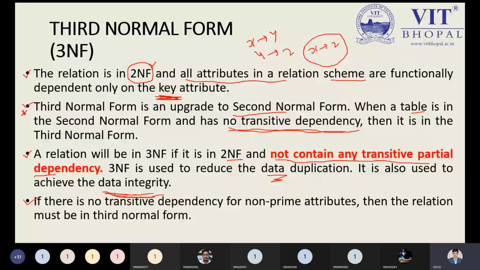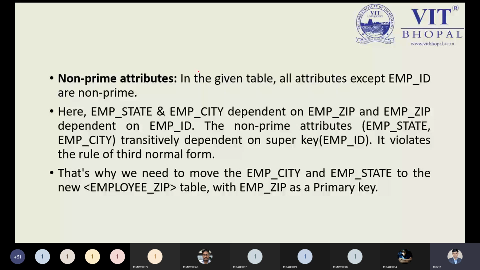So what is the sense of a non-prime attribute? Through our example, in our given table, all the attributes except the employee ID are non-prime, because non-prime means it does not belong to any kind of key attribute. Here employee state and employee city depend on the employee zip, of course.